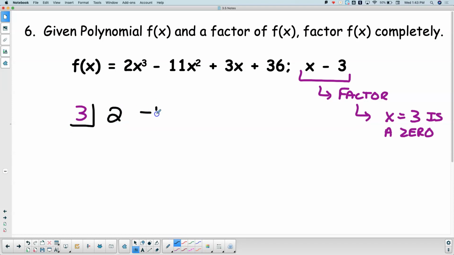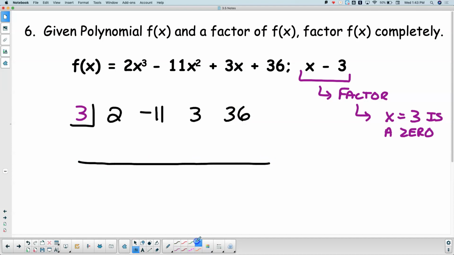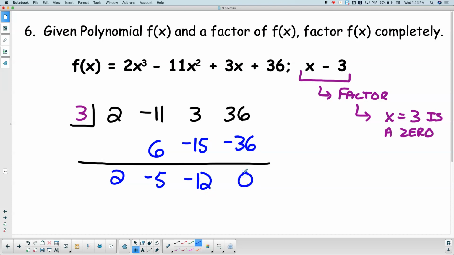2, negative 11, 3, 36. Two, 6, negative 5, negative 15, negative 12, negative 36, and 0.